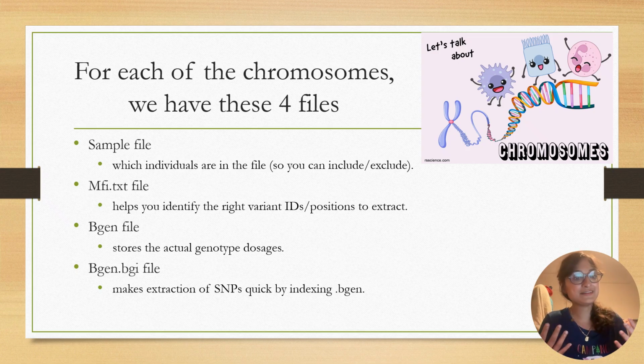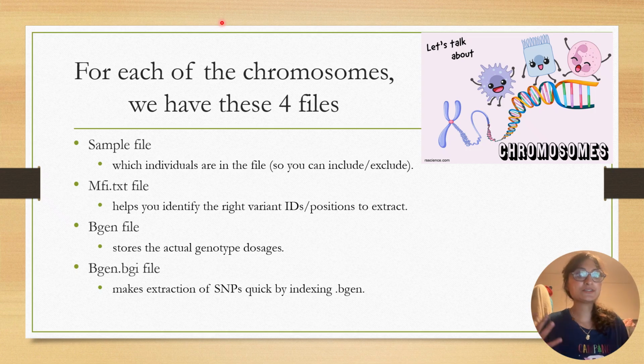But in general, the dot sample will tell the tool which individuals are in the file so that we can include and exclude them accordingly. But in our case, we won't focus on that. Just so you know, that's what the dot sample is there for. The mfi.txt will help you identify the right variant IDs and positions to extract.